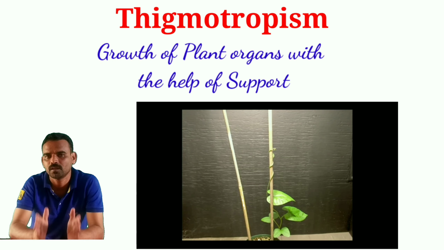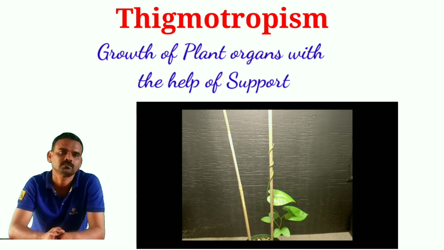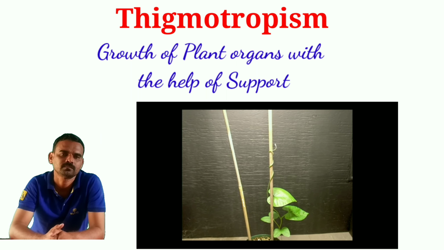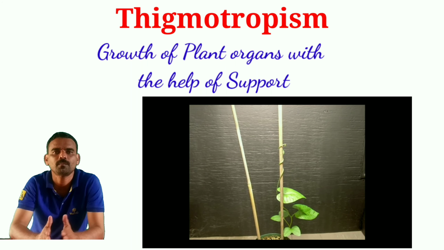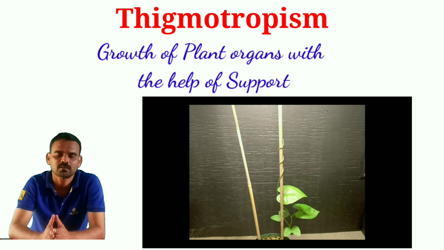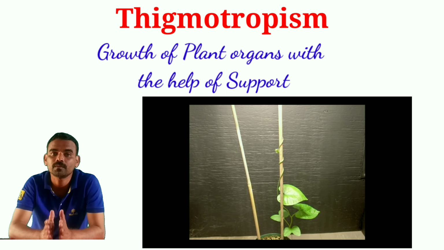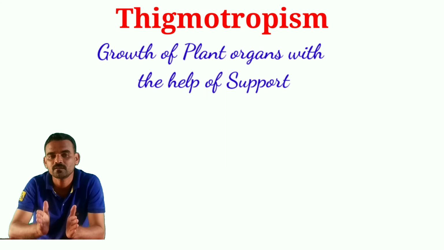Next, that is the thigmotropic movement. Such type of movement is generally found in case of climbers, where the growth of the plant is taking place with the help of support. Certain stem tendrils need the support of a woody plant for their growth. That particular movement is known as thigmotropic movement.